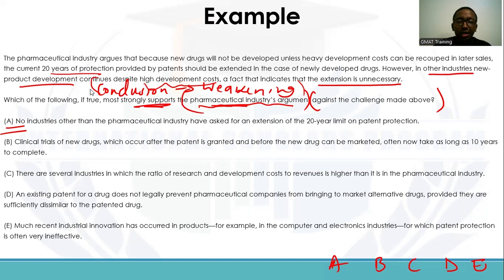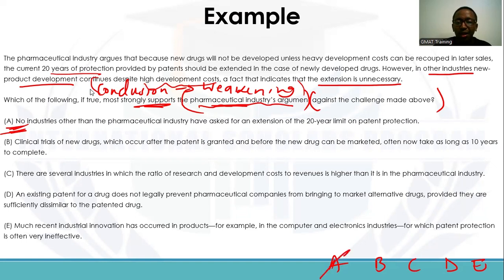So does this have an impact? It does, but what impact does it have? Because remember, we want to support the pharmaceutical industry's position. So this tells us that the pharmaceutical industry shouldn't be asking for an extension, which is actually the opposite of what we need. So it has an impact, but an opposite impact.